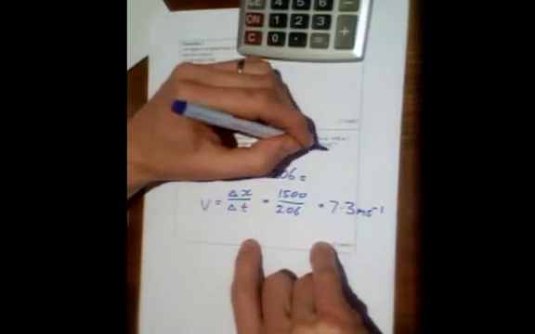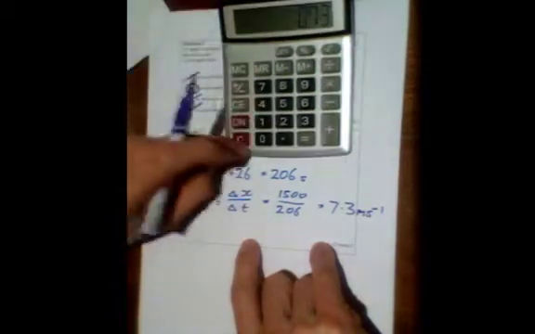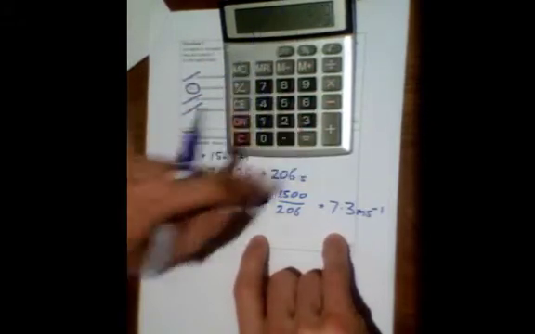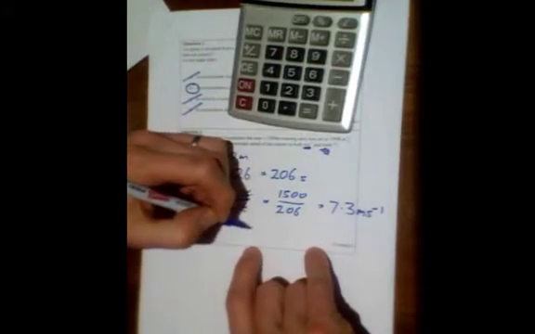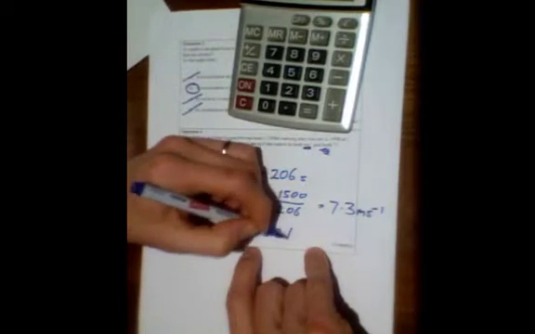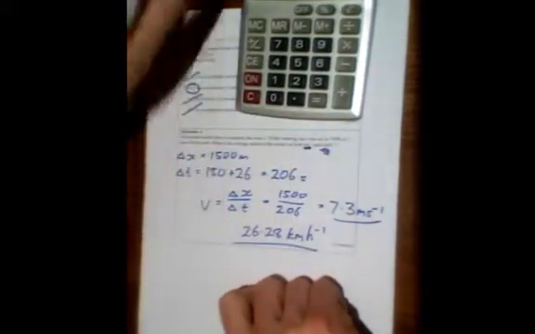And don't forget, they're asking for kilometers an hour as well. So that's 7.3. If we times that by 3.6, we get kilometers an hour, 26.28 kilometers per hour. So there's our 2 answers that were asked for. Okay, continuing on.